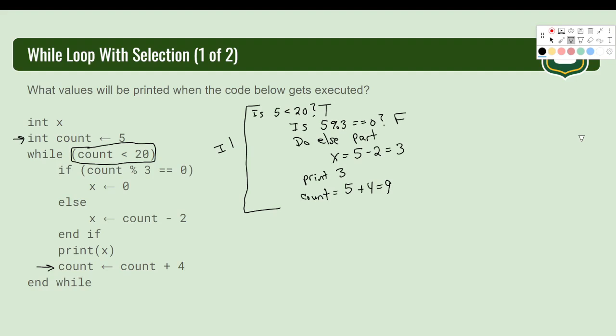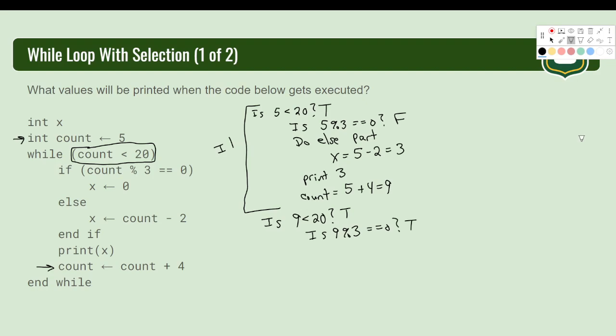So we're going to have to do that every iteration. So again, once it gets to this, it's going to go back to the while loop. We're going to have to do it again. Okay, our count is now 9. So is 9 less than 20? True. So it's going to go into the loop. It's going to check this first condition. Is 9 mod 3 equal to 0? Well, 3 goes into 9 3 times with a remainder of 0. So this is true.